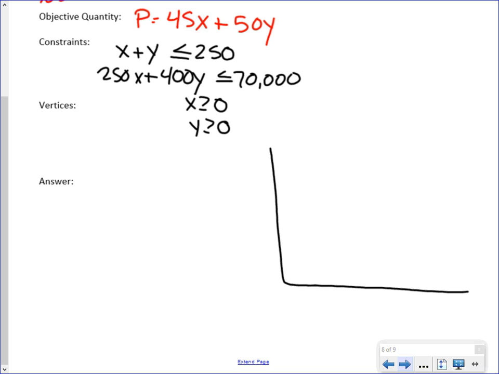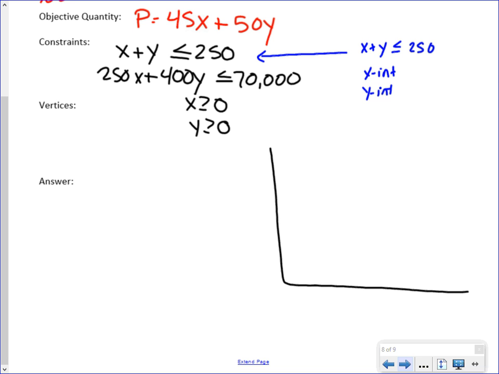Okay, her method is, in this equation, x plus y is less than or equal to 250, find your x-intercept and find your y-intercept. And just plot those 2 points and then draw the line that connects them.